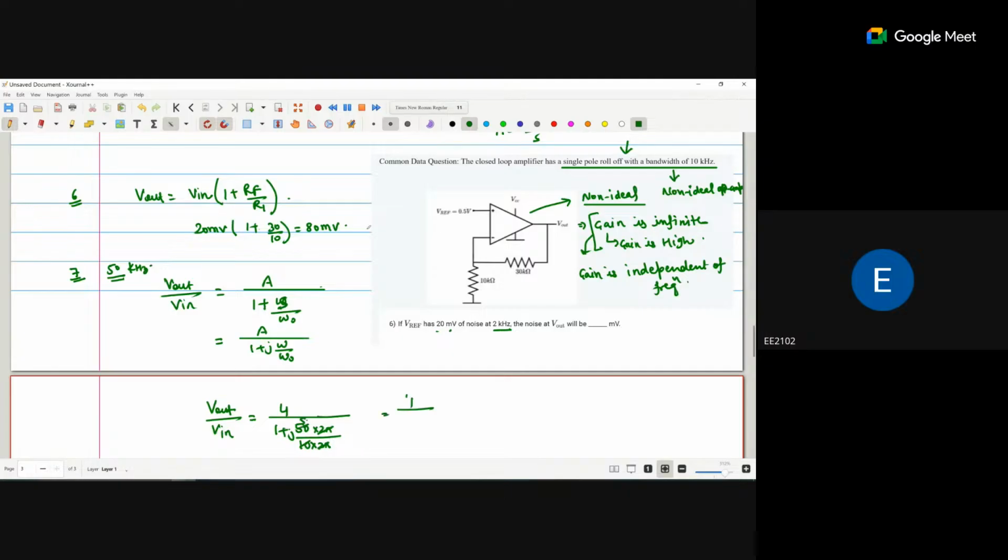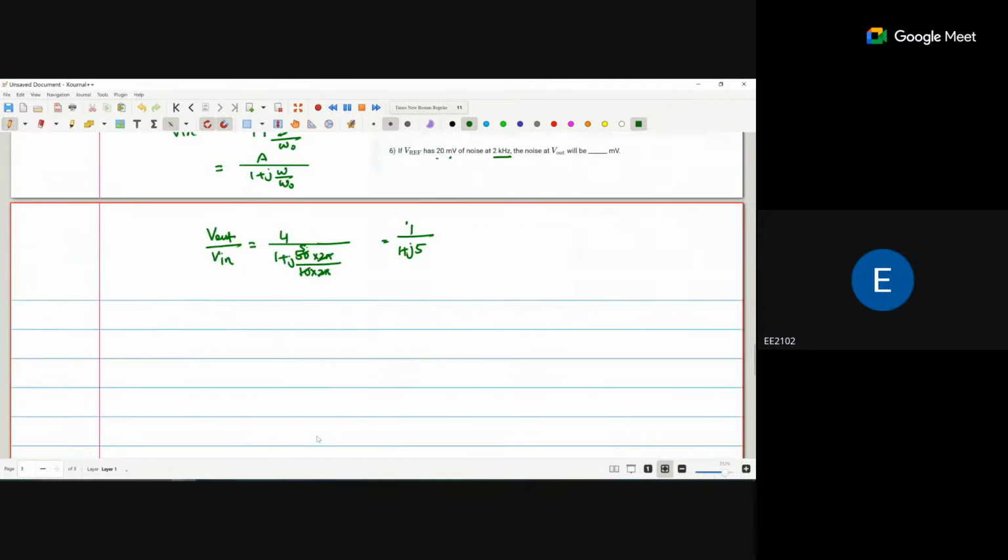So 4 upon 1 plus j times 5. If we calculate the magnitude, V out by V in is 4 divided by root of 1 square plus 5 square, so 4 divided by root of 26.